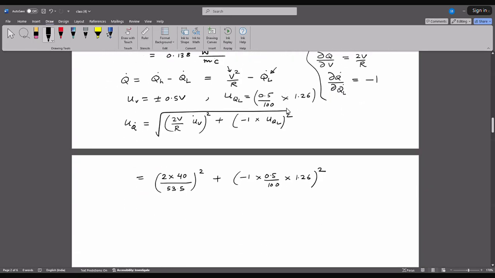If I calculate correctly, this gives plus minus 0.75 watt.